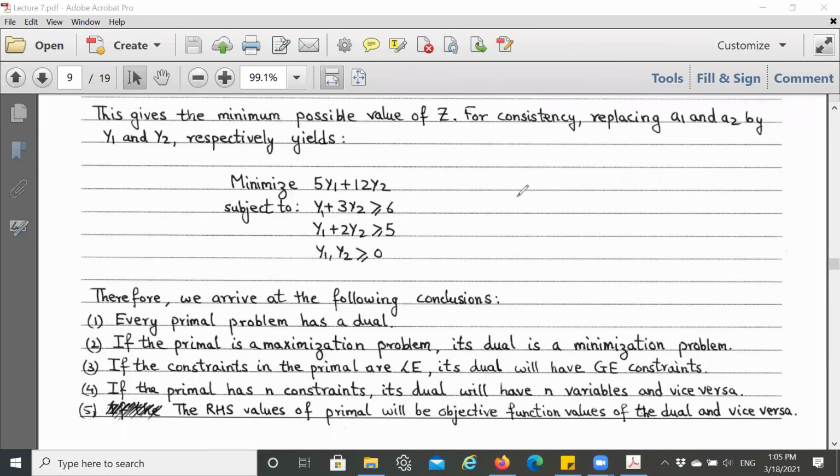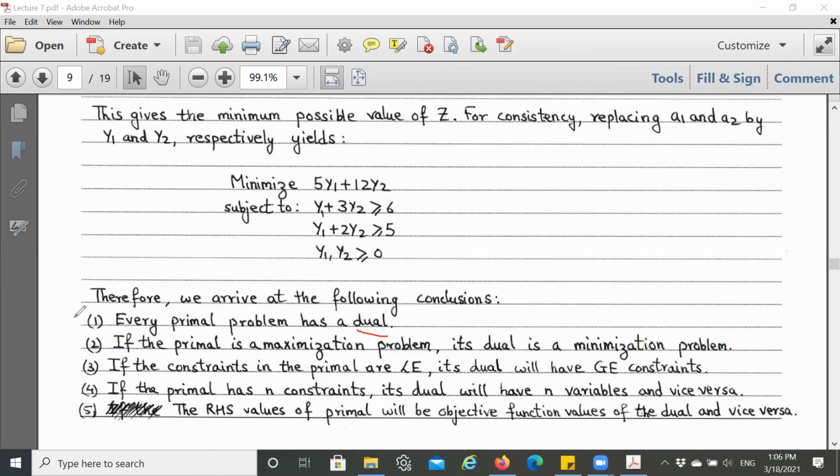So, conclusion. For this simple example, where we have converted a primal LPP problem into its dual, what did we observe? Number one, very important: if a problem can be written in the LPP form, which is a primal LPP problem, which we have studied so far, every primal problem has a dual. That means for every LPP problem that I give you, you should be able to obtain its dual.